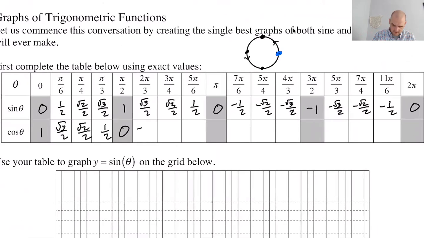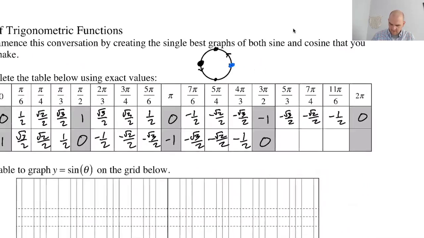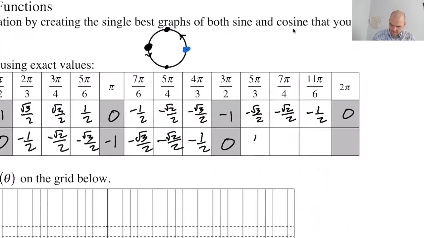So you're going to get smaller, and then we'll hit -1, which puts us here. And now we have to get bigger because we're at the minimum. So there's nowhere to go but up. And we get to 0 again. And then from there, we're going to keep increasing. So 1/2, √2/2, √3/2, and 1.